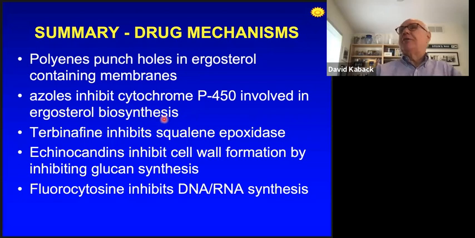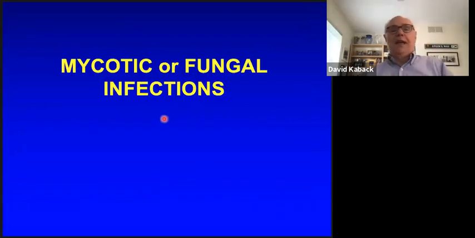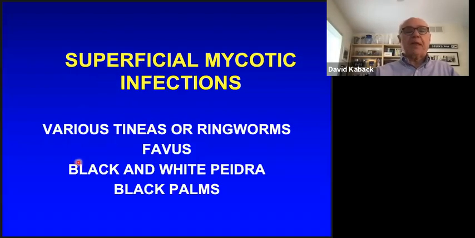And let us move on to the area of infections. Okay, we're going to start on the surface and then move inward as we go along in this lecture. So let's start off with our superficial mycotic infections, and then go on to these other kinds of infections.